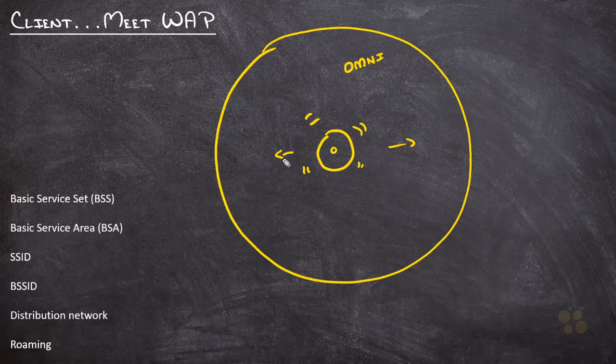Now, the actual received signal may have really jacked up looking patterns because right there was a brick wall and all that kind of stuff. But at least from a radiation desire, the wireless access point is radiating it out all equally before obstructions get in the way. And that's known as its basic service area, by the way.